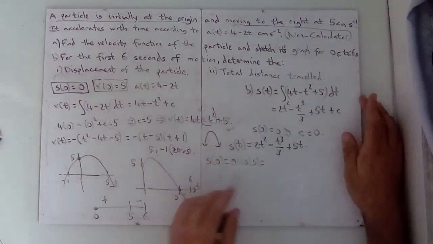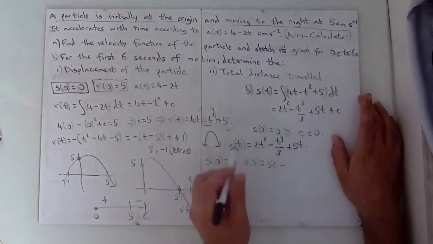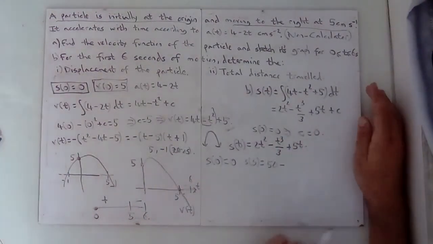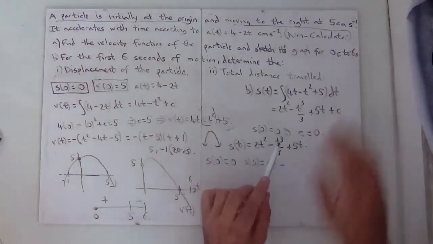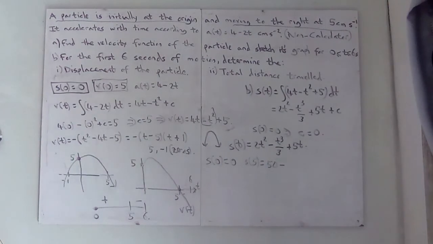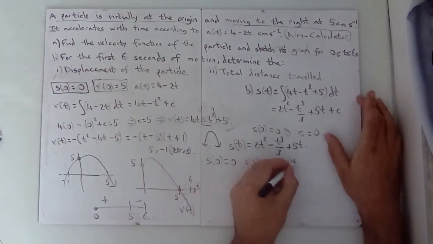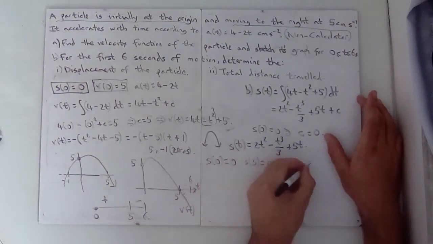So S5 is going to be 2 times 5 squared, which is 2 times 25, which is 50, minus 5 cubed over 3, well, 5 cubed is 125. Does 3 go nicely into 125? No, not really. So 125 over 3, we'll leave it like that. Plus 5 times 5 is 25.